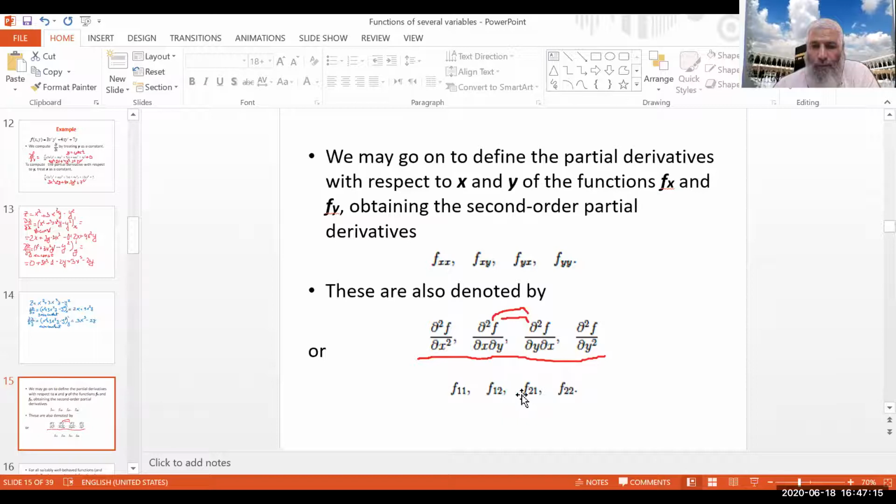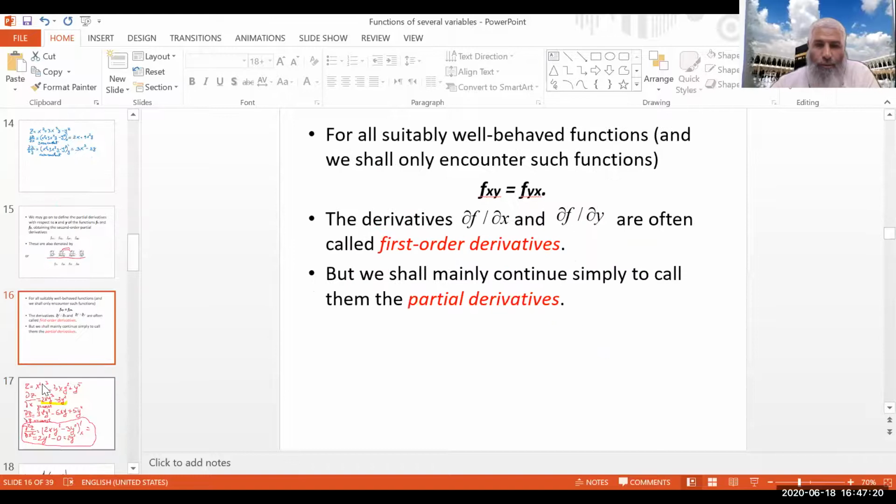Or f11, f12, f21, f22. You will see it from examples too. For all suitably well-behaved functions, and we shall only encounter such functions, f of xy equals f of yx. The derivatives df/dx and df/dy are often called first-order derivatives, but we shall mainly call them simply partial derivatives.